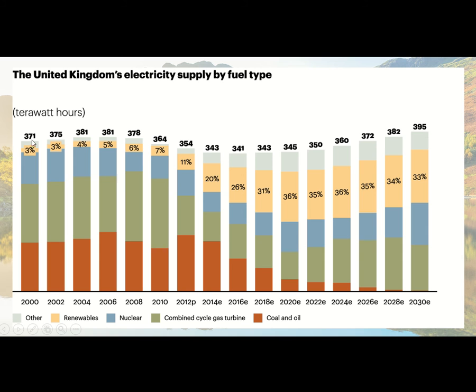So in 2000 there were 371 terawatt hours of electricity, and that electricity was generated by coal and oil, gas, nuclear power, renewables and other. And this specifies the percentage that renewables contributed to electricity in 2000.